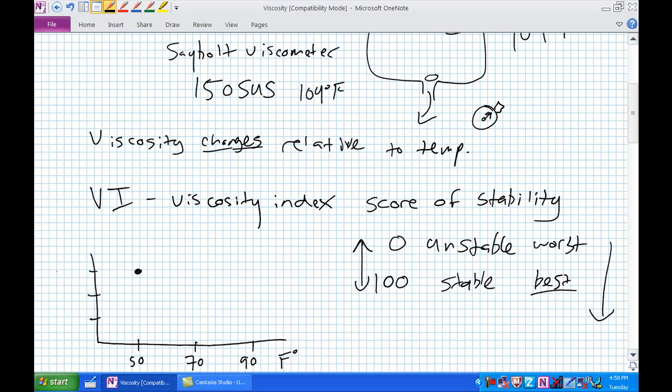And it takes 100 seconds for 60 milliliters of it to drain out of that solution at 50 degrees Fahrenheit.